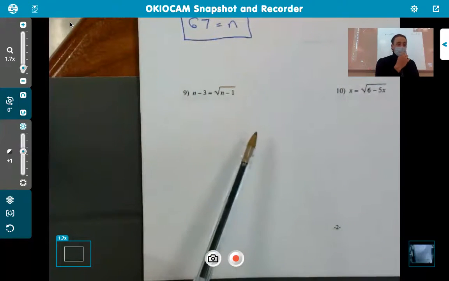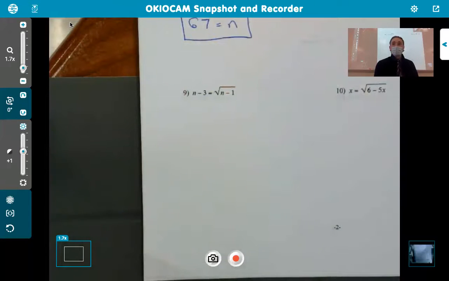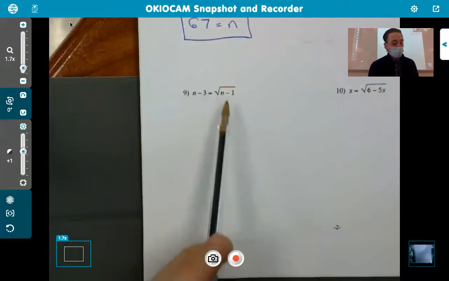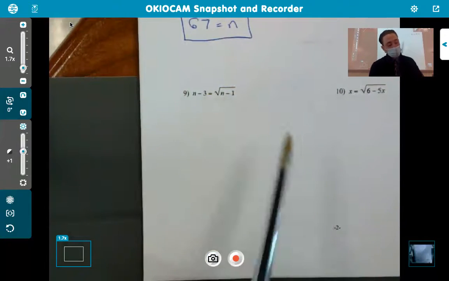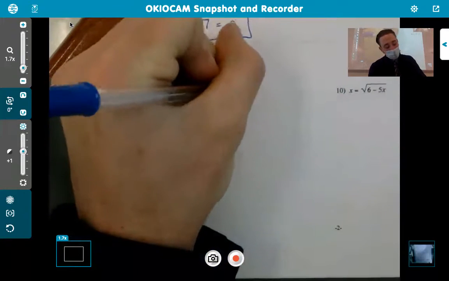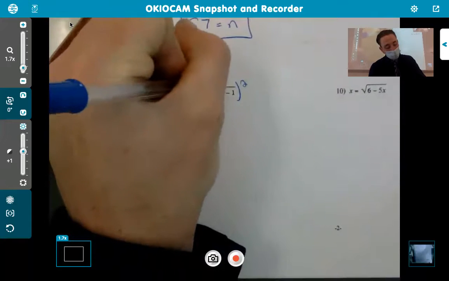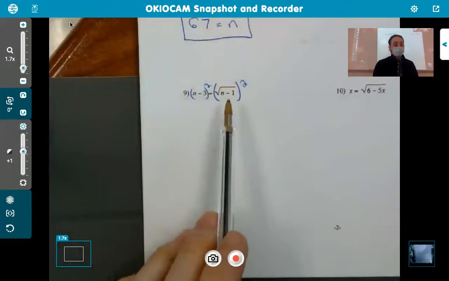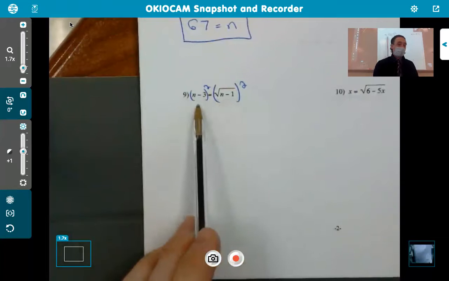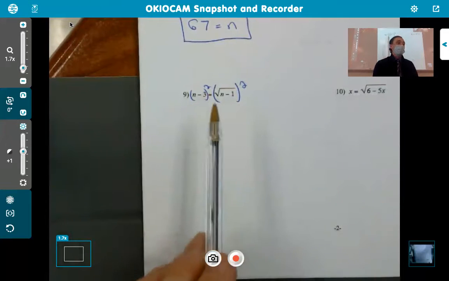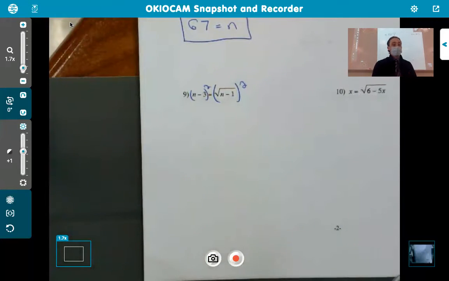I still want to get rid of my square root. That should be my objective. First to isolate it and then get rid of it. Well, to get rid of the square root on this side, I'm going to square both sides. But whatever I do to one side, I'm going to do to the other, right? And I'm going to square that entire quantity n minus 3.